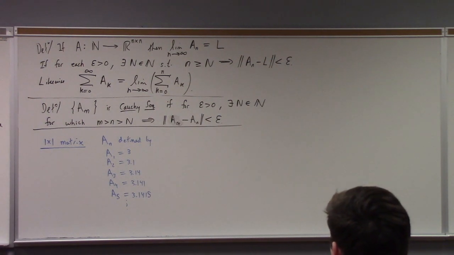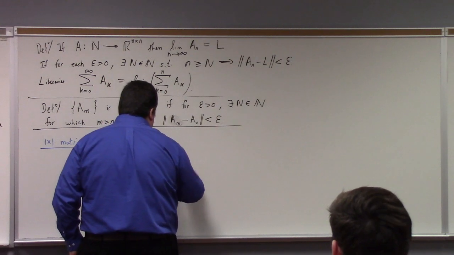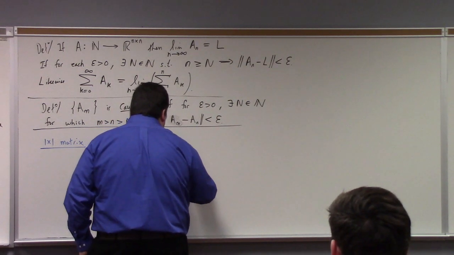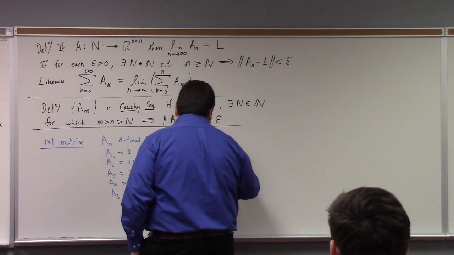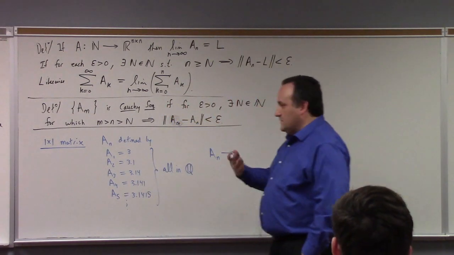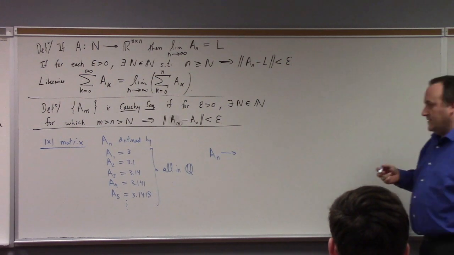Question: is every one of those values a rational number? Yes, they're all in the rational numbers. What, on the other hand, is the limit of this sequence? What does A sub n go to as n goes to infinity here? Pi. It goes to pi.